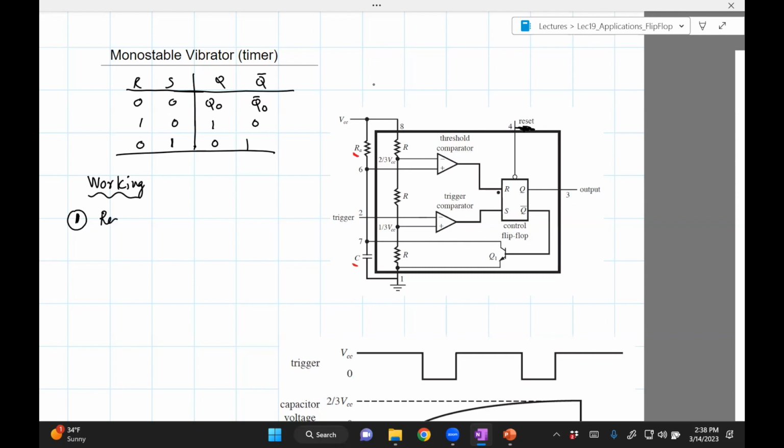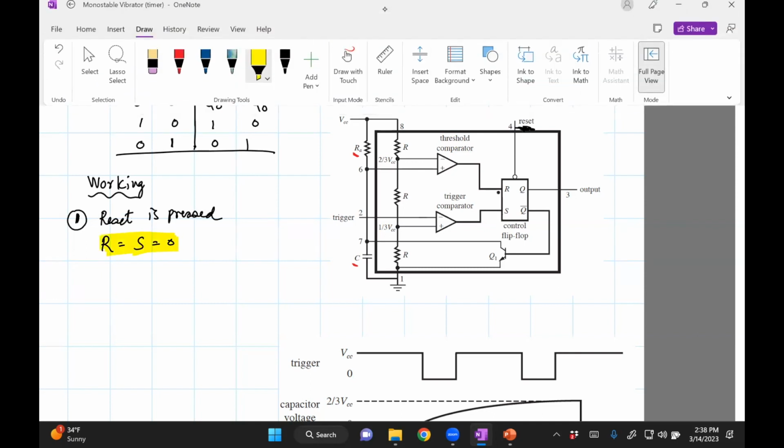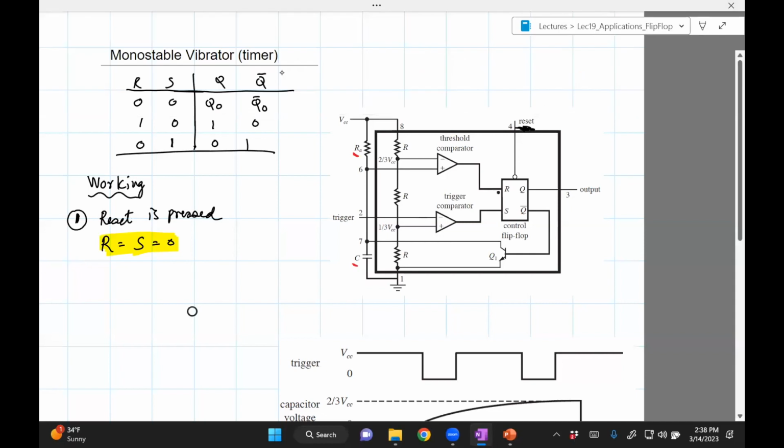So what you need to do is you need to take the reset is pressed. Okay. What that will do is it will set R equals S equals 0, and I'll just highlight that because we'll summarize later on. So that will make R equals S equals 0.